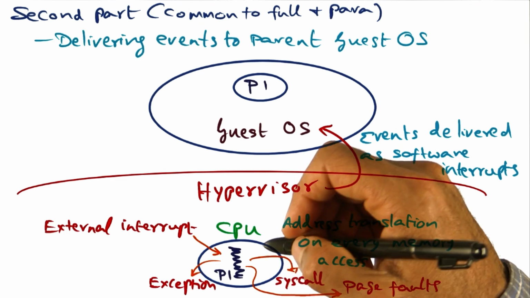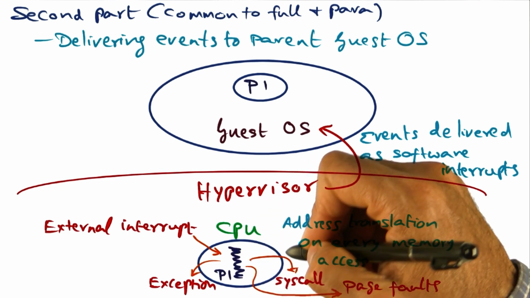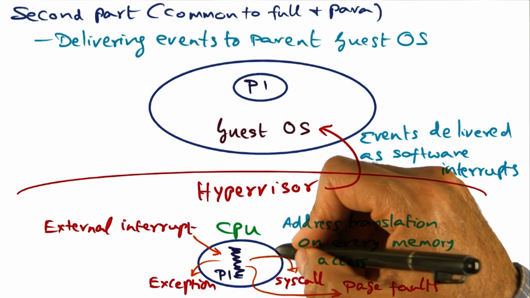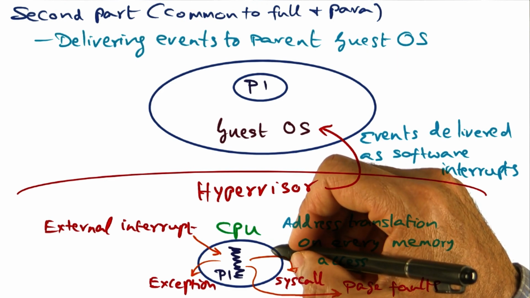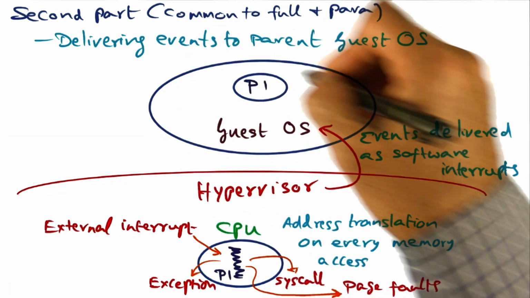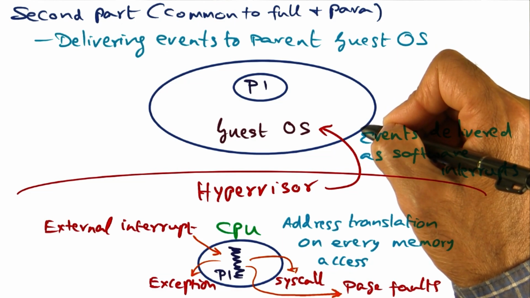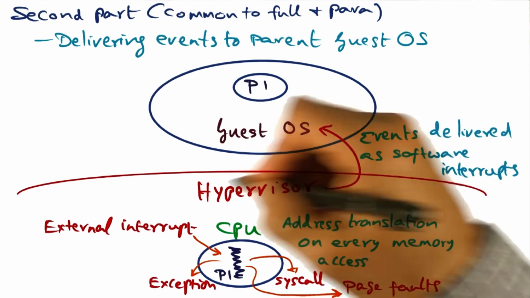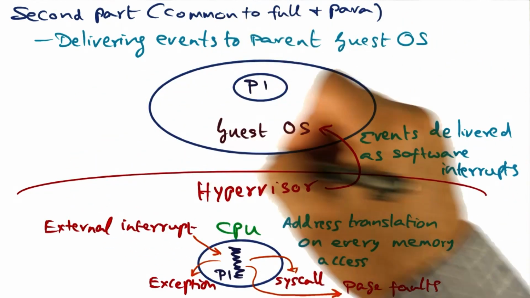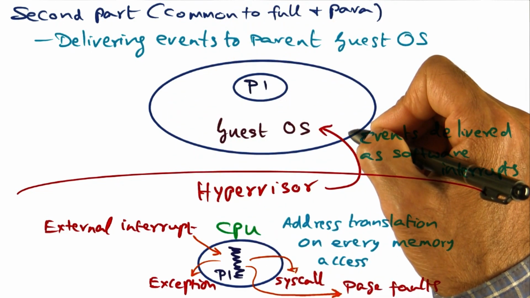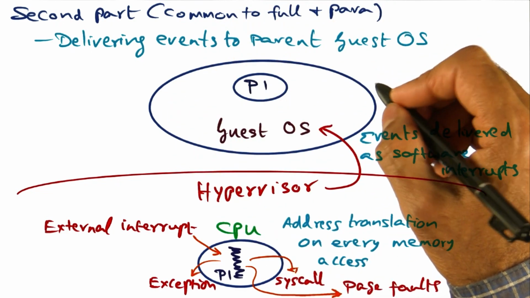That is, certain instructions of the processor can only be executed in the kernel mode, the privileged mode. But recall that the guest operating system itself is not running in a privileged mode. It is above the red line, which means it has no more privilege than a normal user level process.